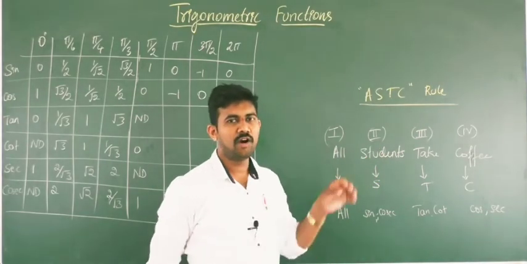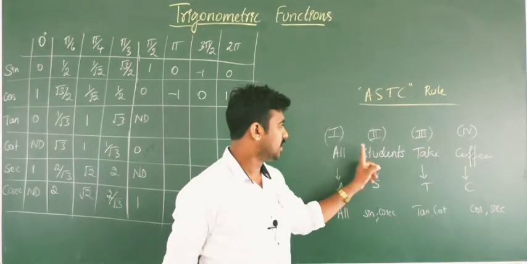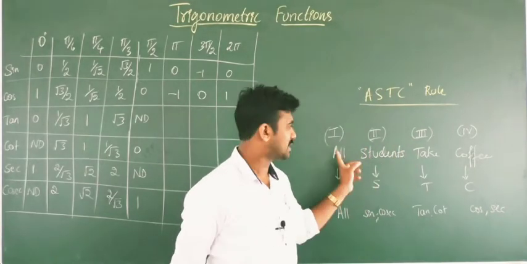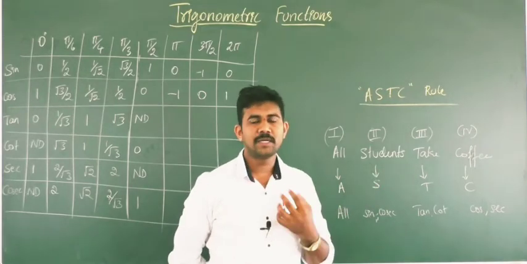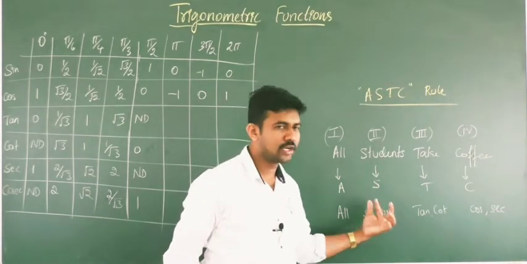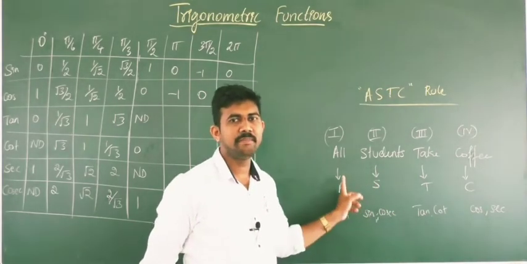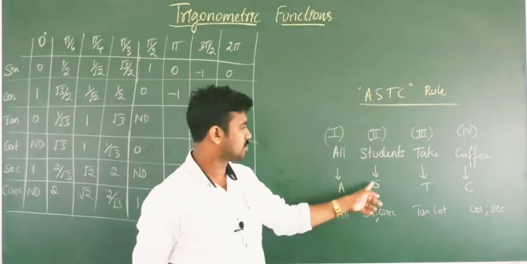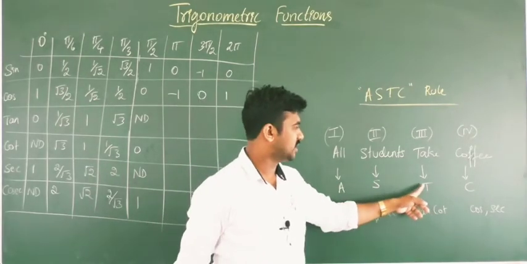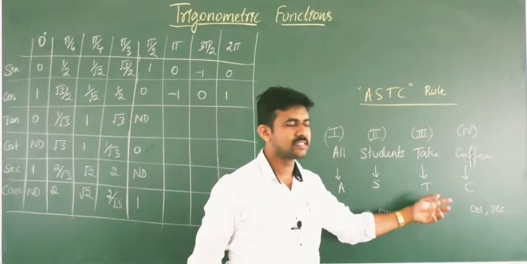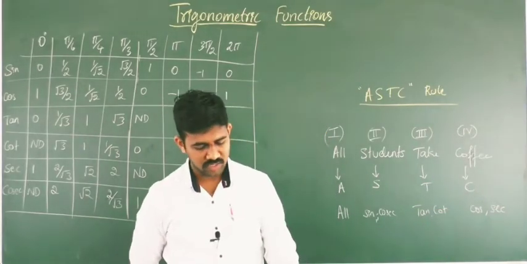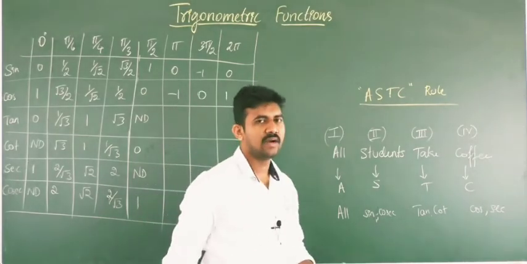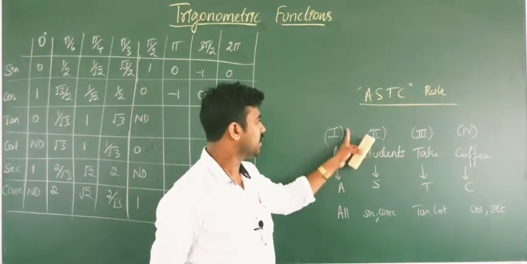The first letter of each word resembles the first letter of the trigonometric functions. A means all trigonometric functions, S means sine and cosecant, T means tan and its reciprocal cot, C means cos and its reciprocal. This we saw in our last class according to quadrants.